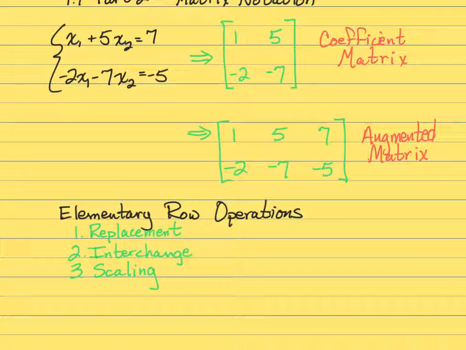We've taken our system. Let's not erase it. We've taken our system. We've converted it to its augmented matrix. And then we do these elementary row operations to solve the system. And each time we do a row operation, we get an equivalent system, but the solutions have not changed.